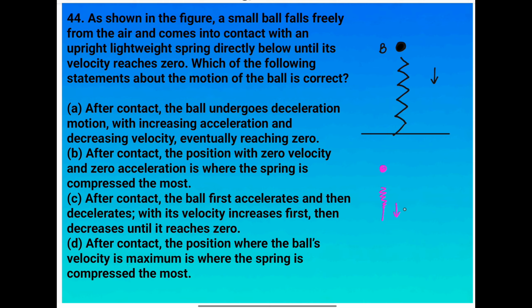So initially, the ball first accelerates in the downward direction, and when the spring compresses further, in that position the spring force will become more as compared to the gravitational force, so its velocity will start decreasing until it reaches its maximum compression.